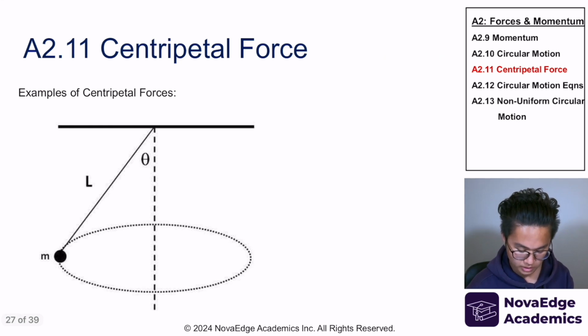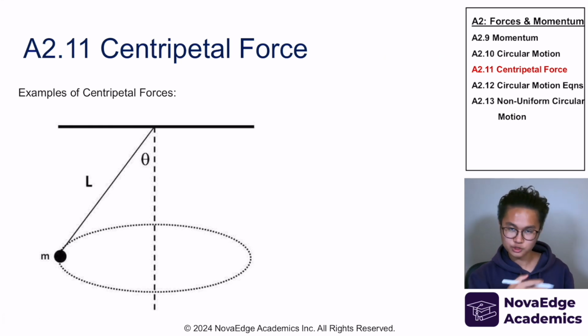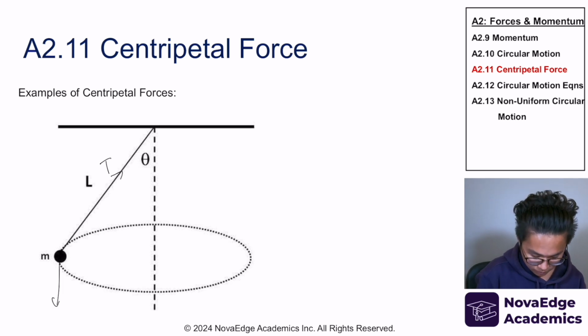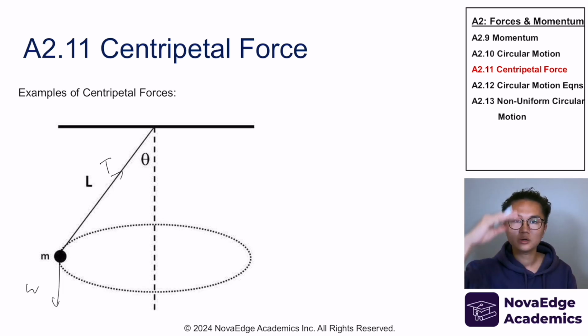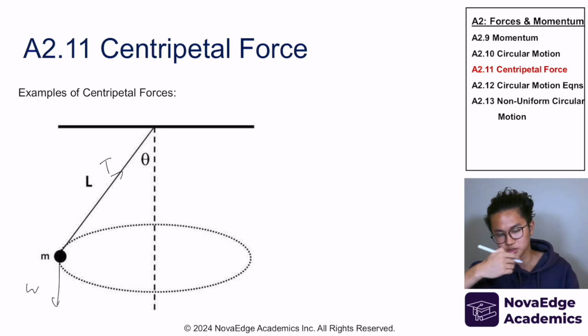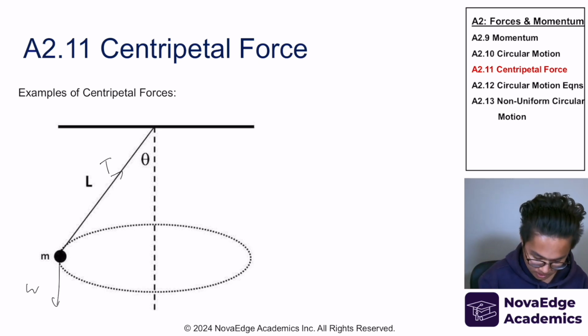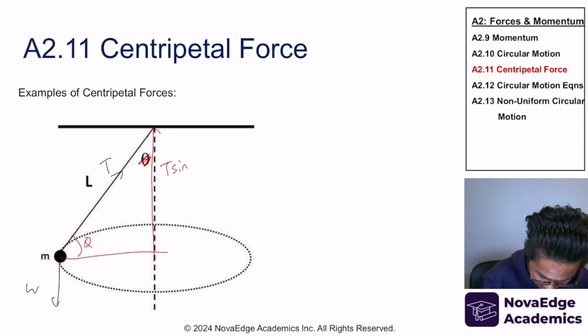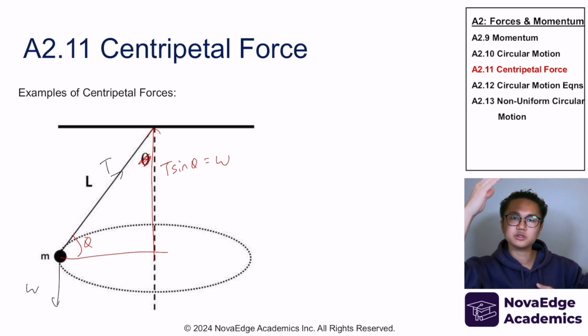Another example is a pendulum, right? If I were to swing it around, what happens? Well, in this case, I have a tension force, okay? So that's going to be the tension force, T, right? And I'm going to have a weight force. Now, is it going up and down? No, it's not. It's going in a circular motion, which means that the y component of the tension, T sine, let's say that's theta, T sine theta has to be equal to W. They cancel each other out.